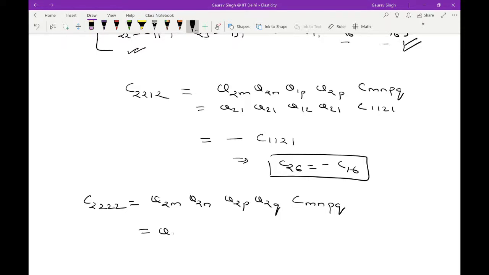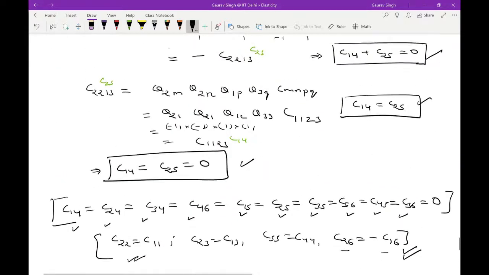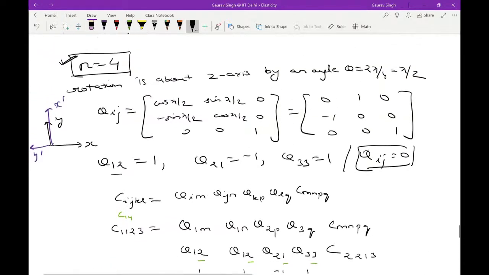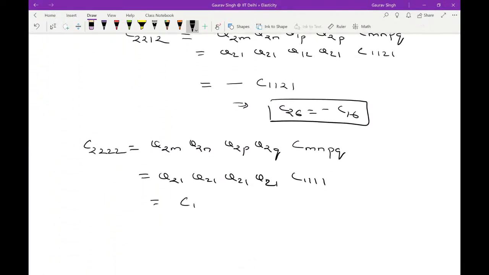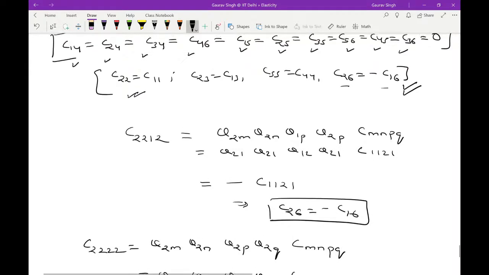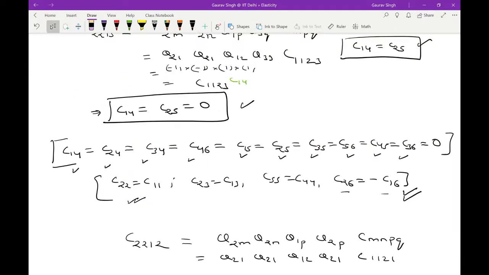Now obviously the only possibility is this, and all of them, Q21 is actually equal to what? Minus 1. So 4 times minus 1 would be equal to 1, and hence it would be this. So this proves that C22 is equal to C11. Similarly all these will be proven.